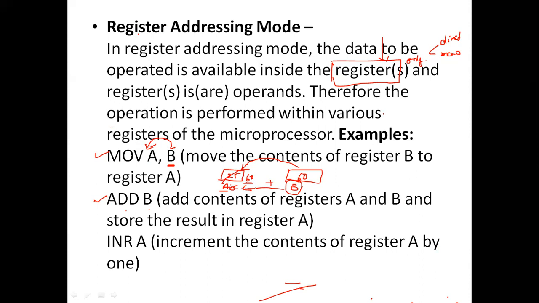We have D, C, H, L, all the registers. But A is the special register which is used for saving the result as well as the values. So implicitly we talk with the A register only. A is nothing but the accumulator register.